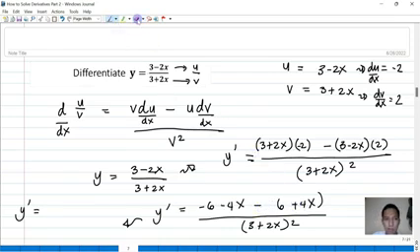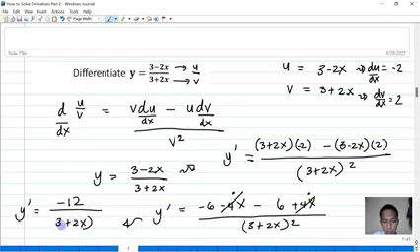So this becomes negative 6 minus 6, that is negative 12. All over, negative 4x plus 4x becomes cancelled out. So 4x minus 4x is 0. So this becomes negative 12 all over (3 plus 2x) quantity squared. So that is your y prime for this problem.